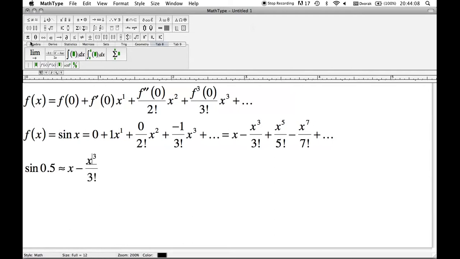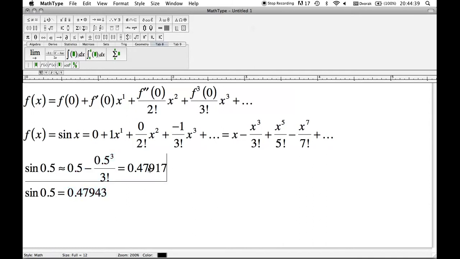That's approximately equal to 0.5 minus 0.5 cubed over 3 factorial, which, after plugging it in on a calculator, you get 0.47917. Now, if you plug in actually sine of 0.5, you get 0.47943. So you can see that using just 2 terms, we have a very sufficient approximation.